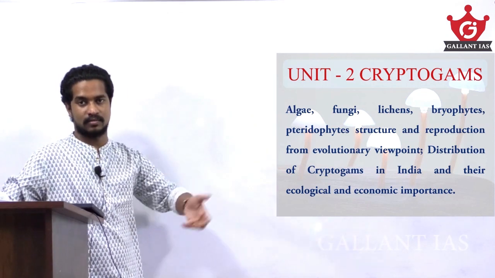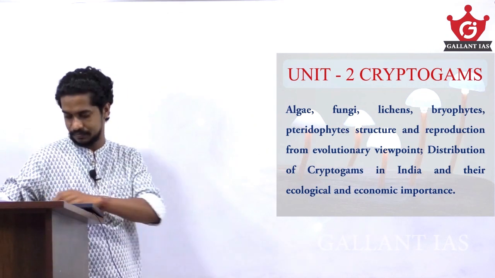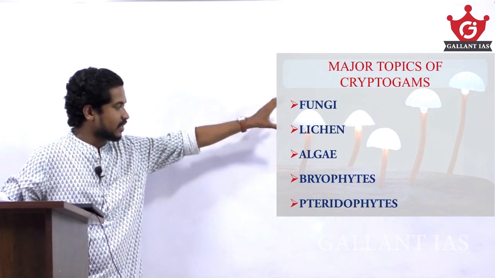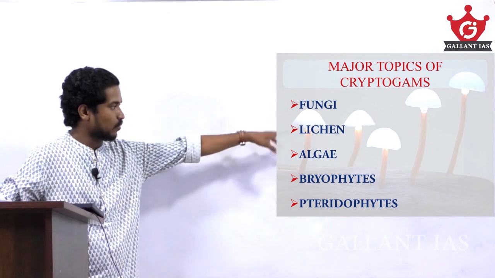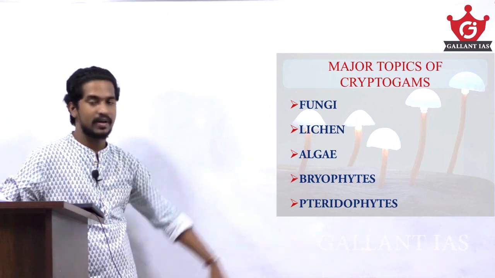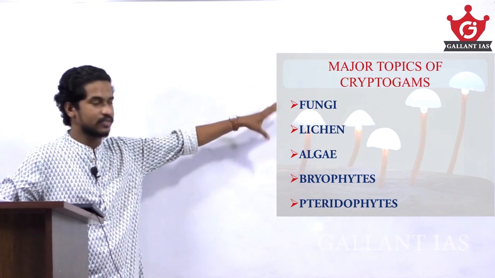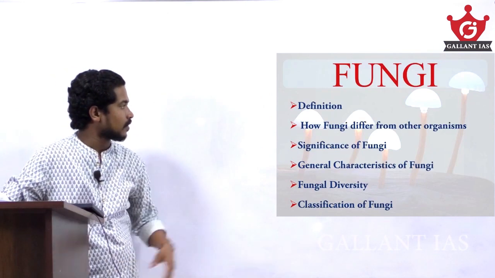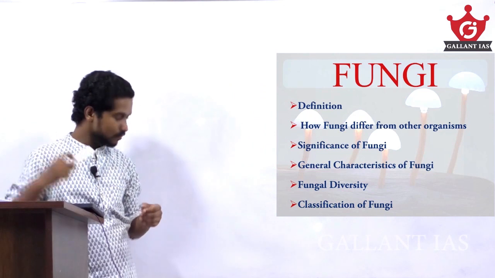Firstly, we are going to discuss fungi. The major topics under cryptogams are fungi, lichen, algae, bryophytes and pteridophytes. So these are the major topics we are discussing under cryptogams. Fungi.